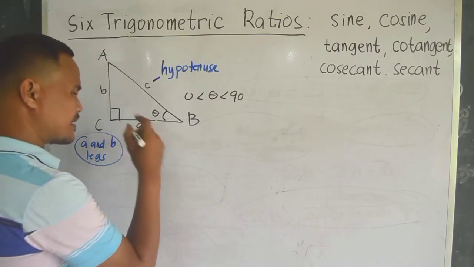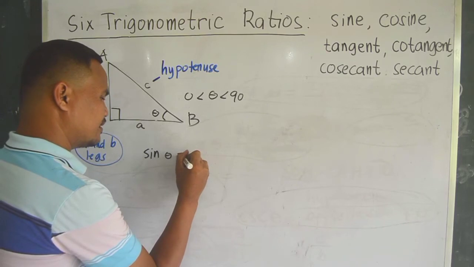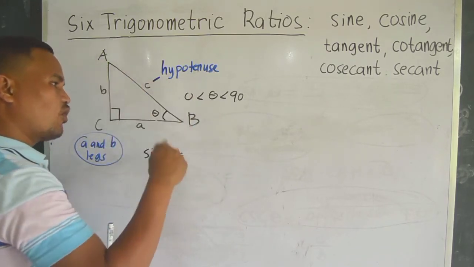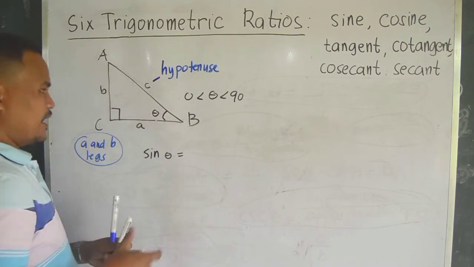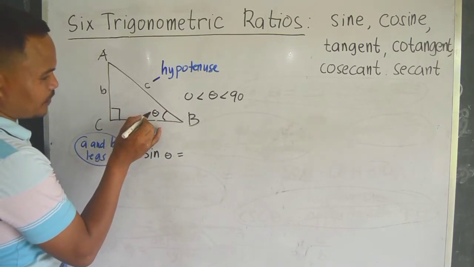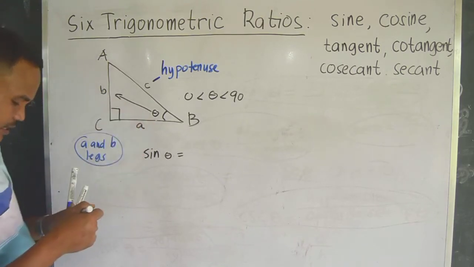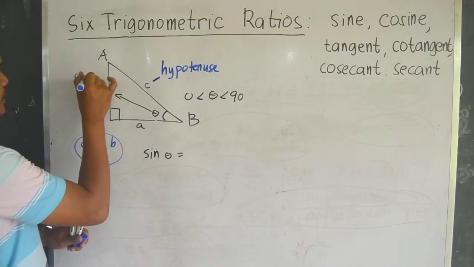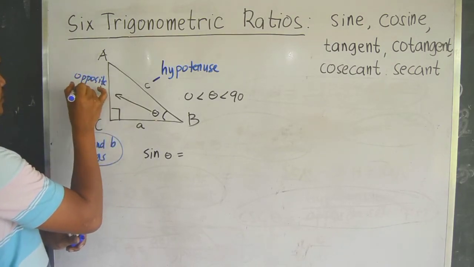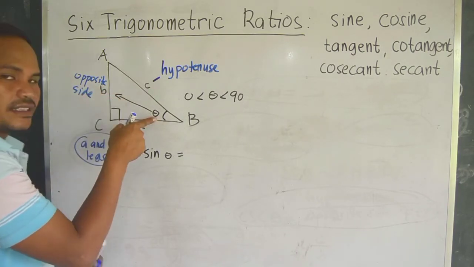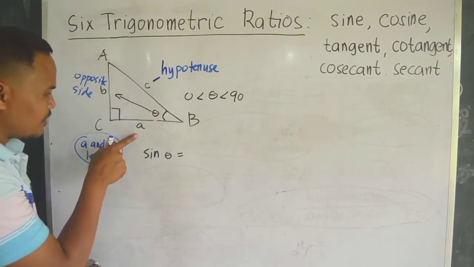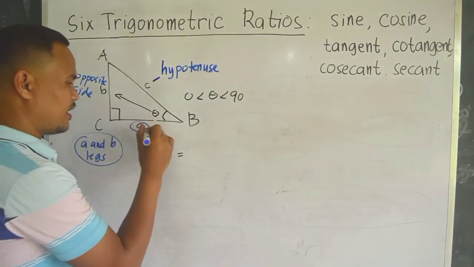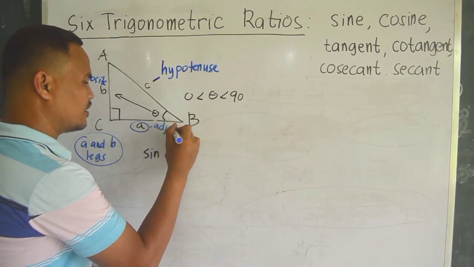Okay, so when we say sine theta, sine is opposite over hypotenuse. In this figure, the opposite of theta is B. So B is the opposite side of this angle theta. And A is called the adjacent side of theta.